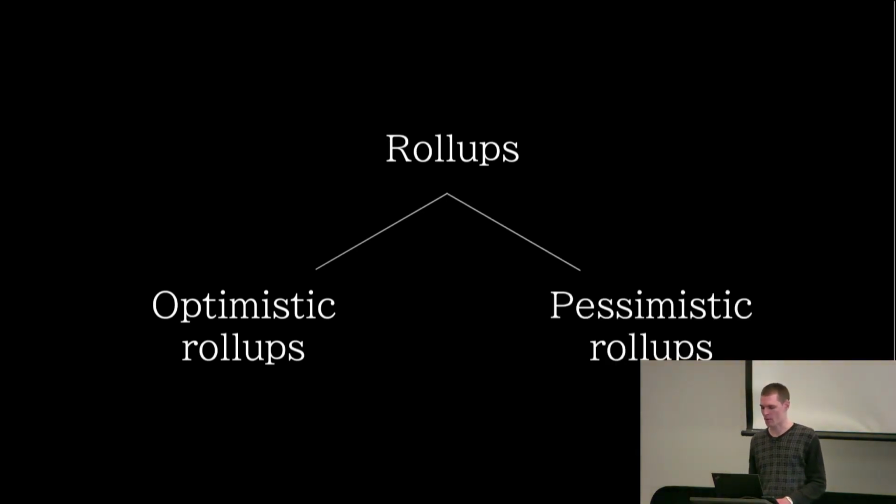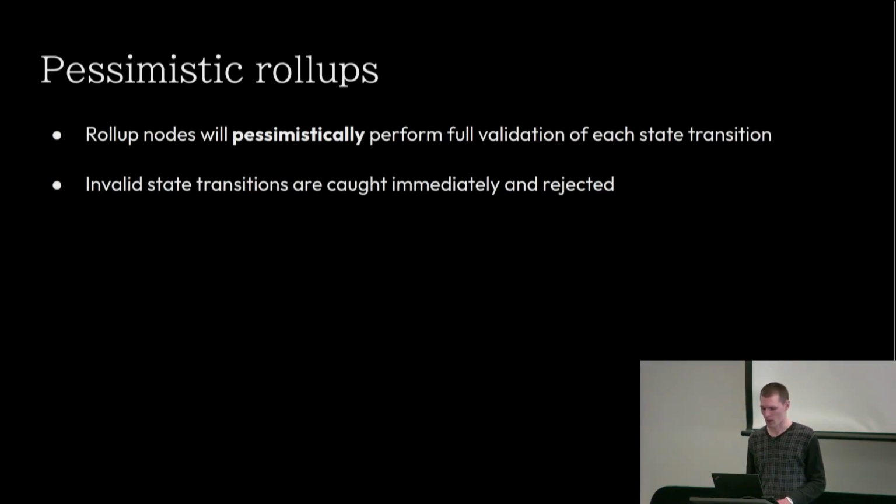Now we also have pessimistic rollups. As you can guess, these are rollups where the rollup nodes pessimistically perform full validation of each state transition. So invalid state transitions are caught immediately and then rejected.